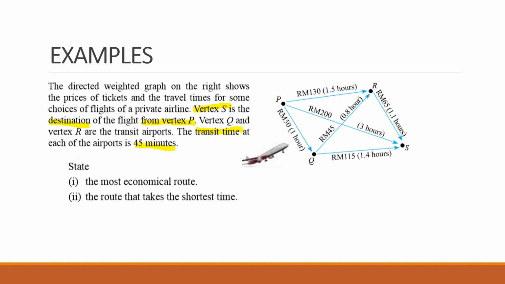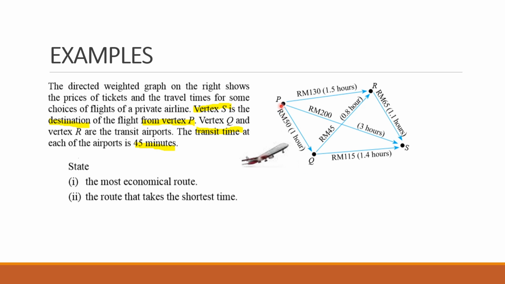State the most economical route. Most economical route means the route with the least price. As you can see here, we start from P. We want the least price.